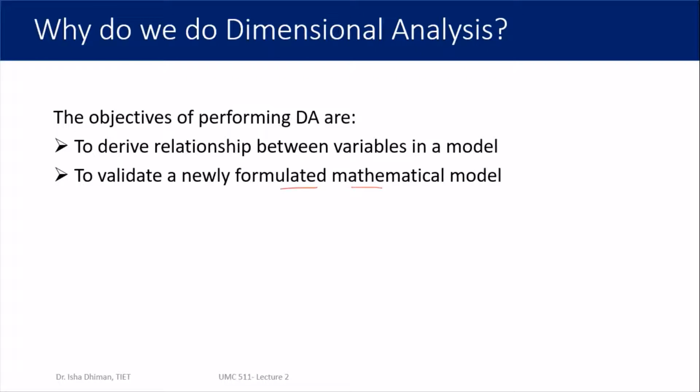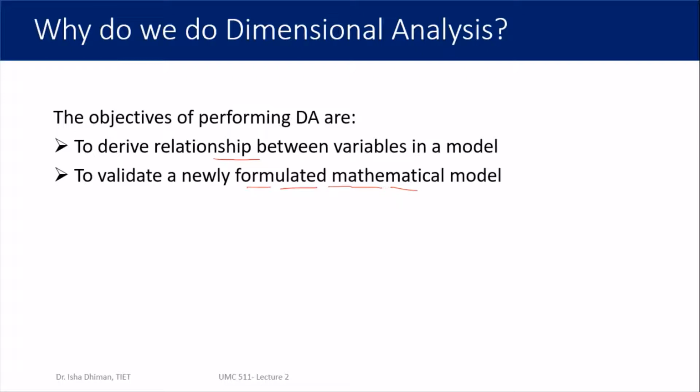In the first case, you do not have the relationship, so you will be entirely deriving it using dimensional analysis. In the second case, suppose you have already derived it. Suppose you are working on a new process whose mathematical model does not exist, or you have thought of adding an entirely new term in the mathematical model, but you are not sure whether this is going to work or not.